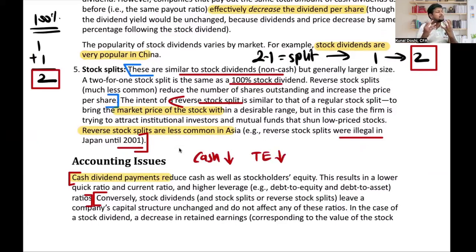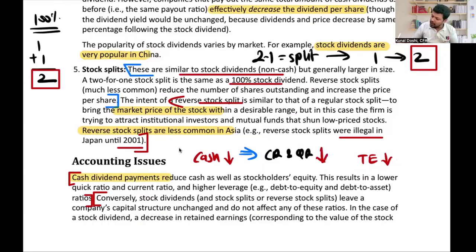Why? Because the company's equity, the money is going out of the company, retained earnings goes down, right? And because cash is going down, some of the ratios which are affected by cash, like current ratio and quick ratio, will also decrease.